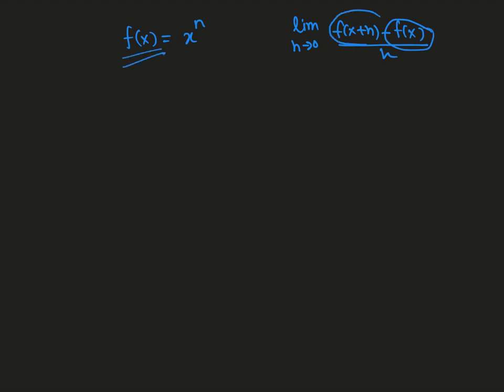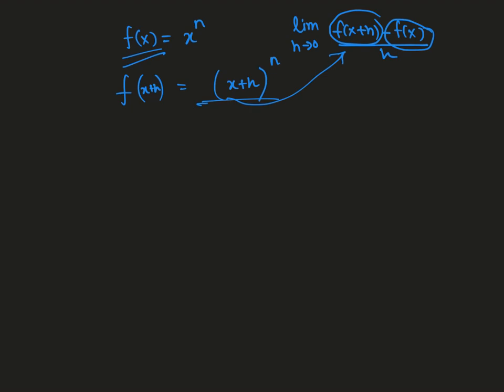We also need f of x plus h. So if f of x is equal to x to the power n, then what would be f of x plus h? Simply, if I put x plus h inside, then f of x plus h is equal to x plus h to the power n. So now we can substitute these values into this equation.